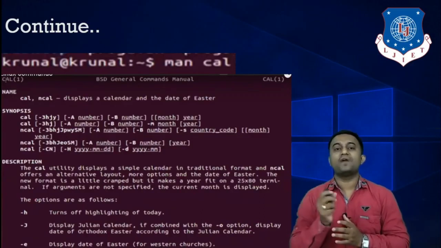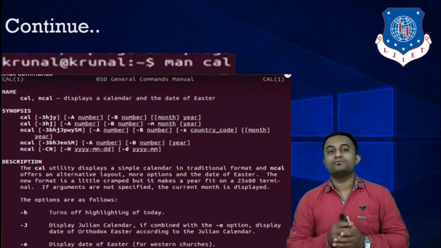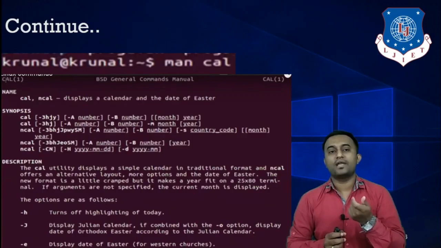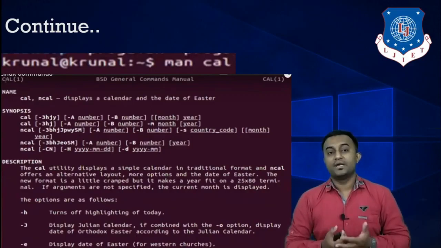Once you fire this command, it shows the syntax of the calendar command and a description: what calendar does, which is to display the calendar. It gives the syntax and the description with the various options.